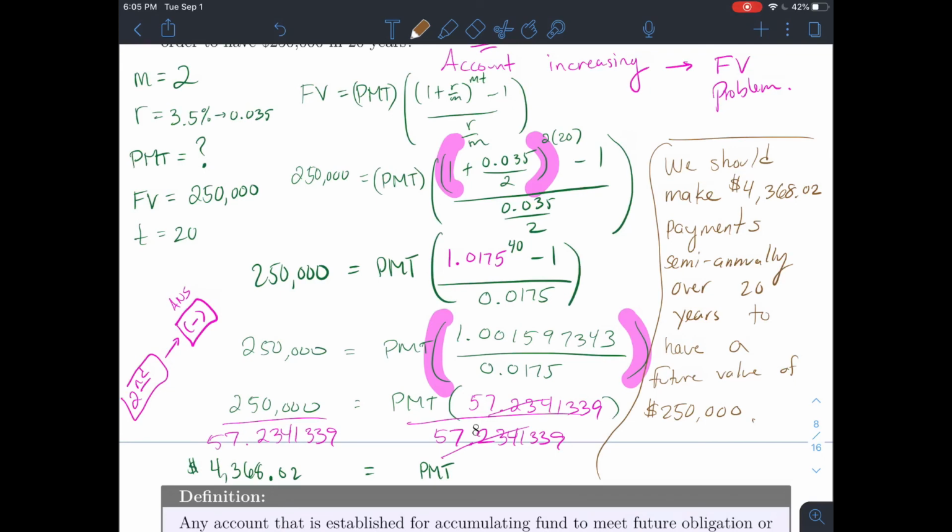So we should make these $4,368.02 payments semi-annually, right? So every half year over 20 years, to have this annuity that's going to be worth $250,000.